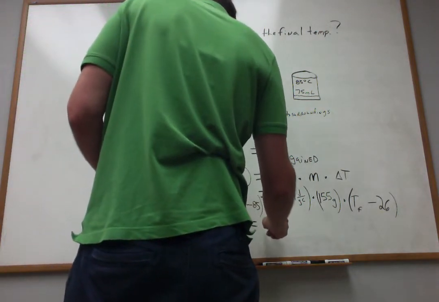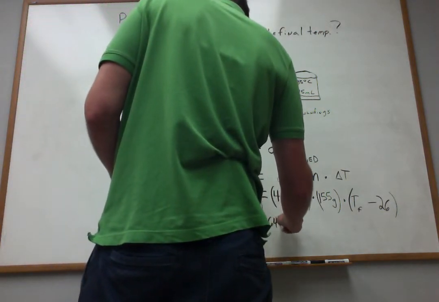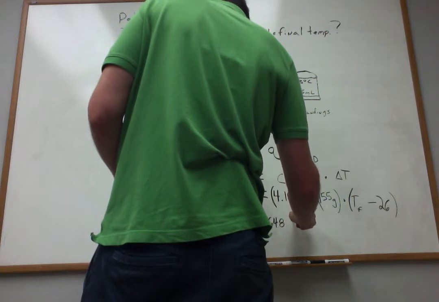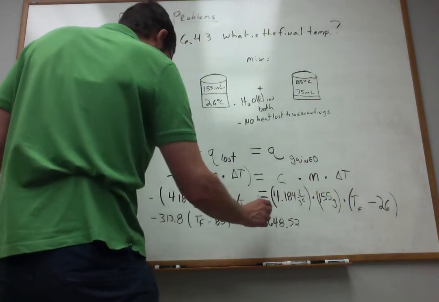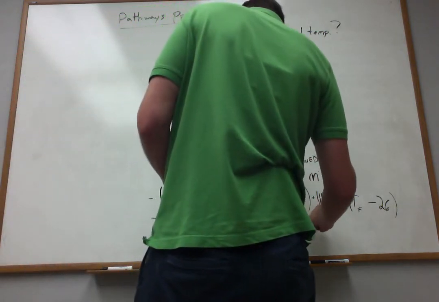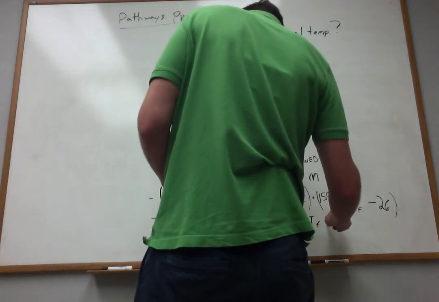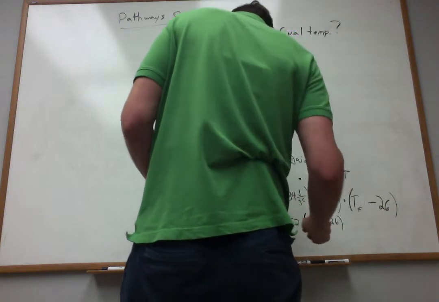And I'm going to set that equal to 648.52. That's just doing the multiplication of these guys, okay? So that's still going to be T sub F minus 26 degrees.